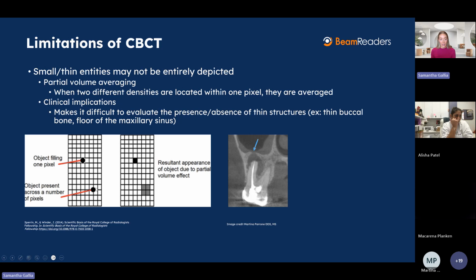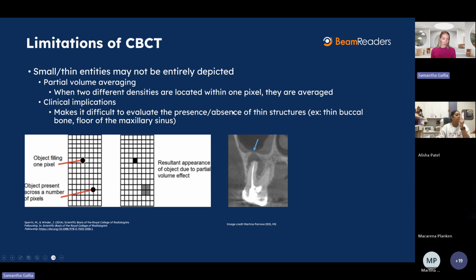Whereas if there is an object present with another density in that certain pixel, let's say cortical bone being next to soft tissue, that pixel actually gets averaged. So this example right here, where we see a little bit more diffuse and lighter color than the actual object, is a really good example of how that can cause an object to become more diffuse and not show you where the true border of that object is.